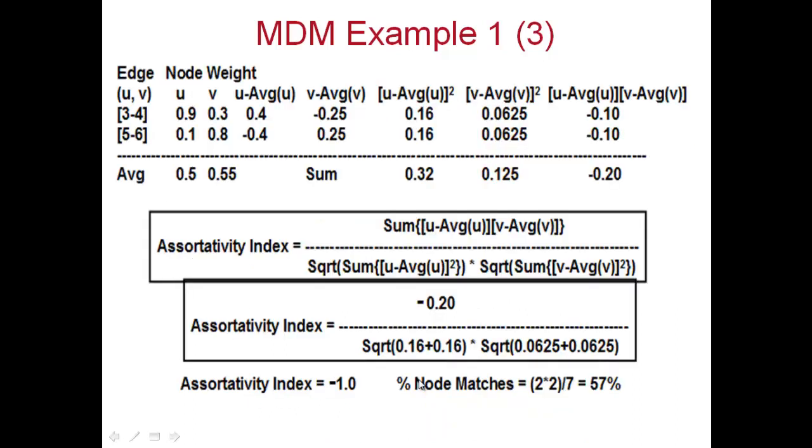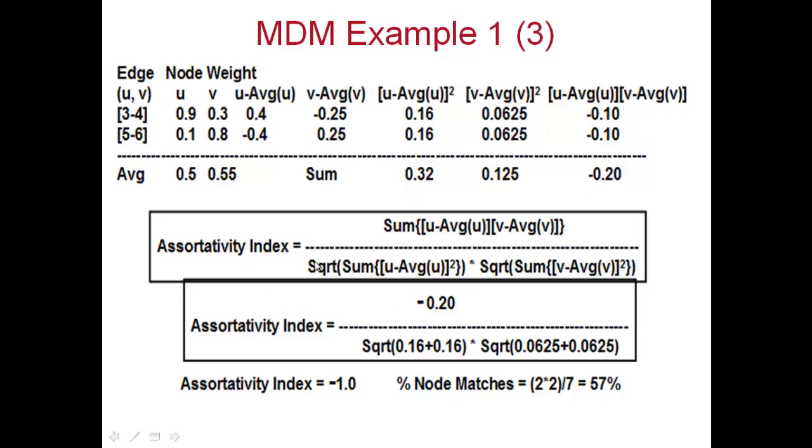And we can check that through the calculations for assortative weight. Again, go through the same process, write down the edges and the node weights, find the average of the U and V entries, 0.9, 0.1, the average 0.5, 0.3, 0.8, the average is 0.55, then find the difference between the individual entries and the average, and then squares of the differences, product of the differences, sum all these things.